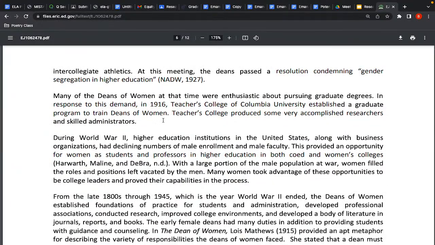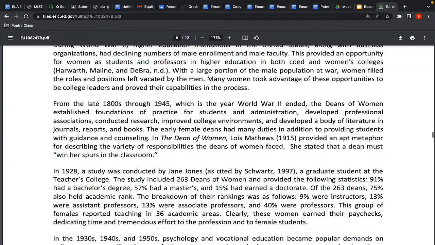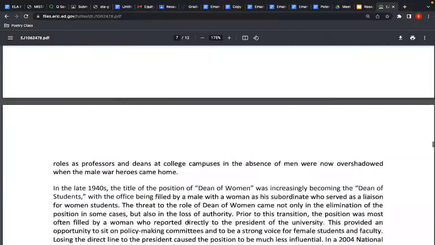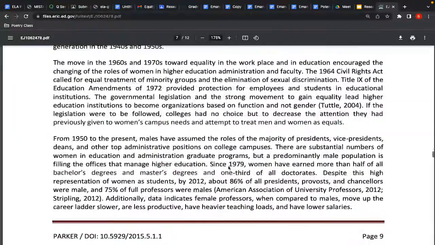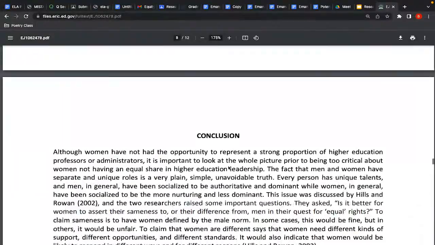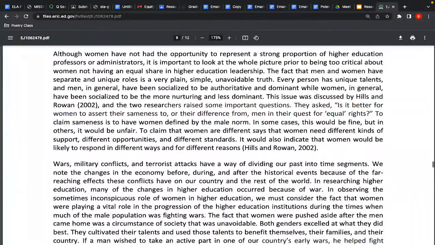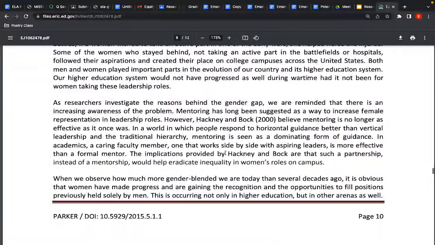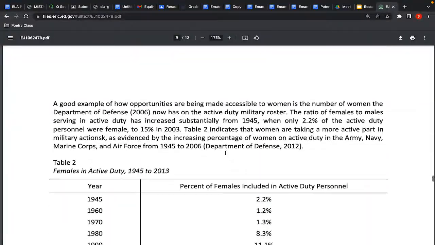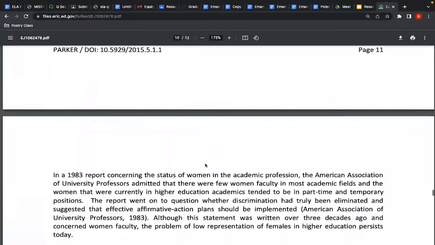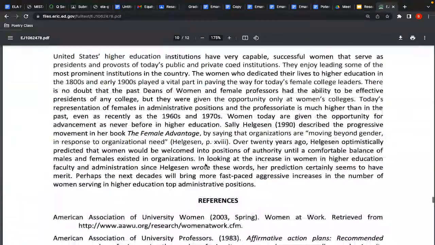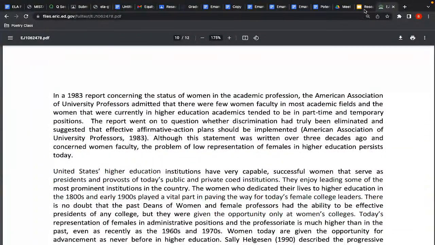You can see that's a small paragraph. 19, 20, 21, 22, 23, 24, 25. There's a lot of paragraphs in this. Okay. 25, 26, 27, 28, 29, and 30, 31, about 32. Okay, almost 33 paragraphs in this.